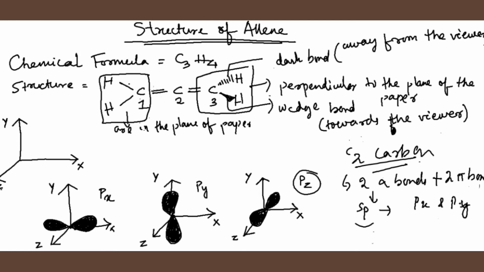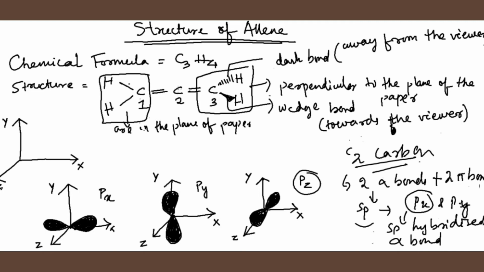Now see, we have taken this axis as the x-axis, right? And the bond is also in the x direction. So definitely we will be using the px orbital for the hybridization. So the px orbital will be involved in the sp hybridization and will form the sigma bond.